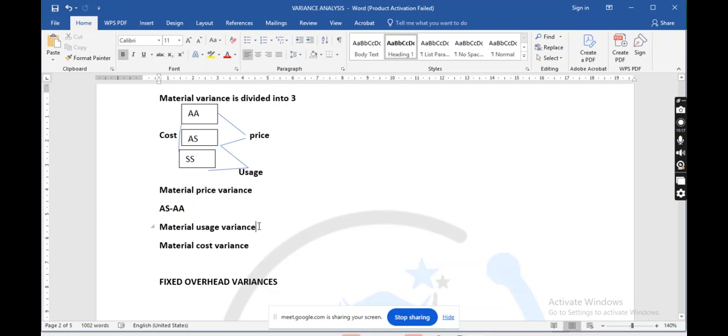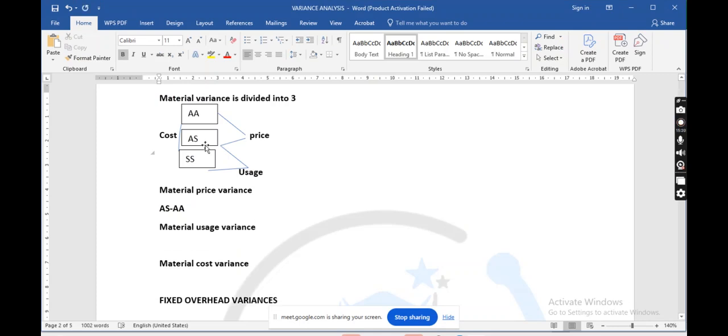Now, in this diagram, you could see material usage variance. Don't forget that we start from AS to AA. In the material usage, usage means consumption. That is, you are comparing your standard and your actual. So you can have SS minus AS, class. SS minus AS.